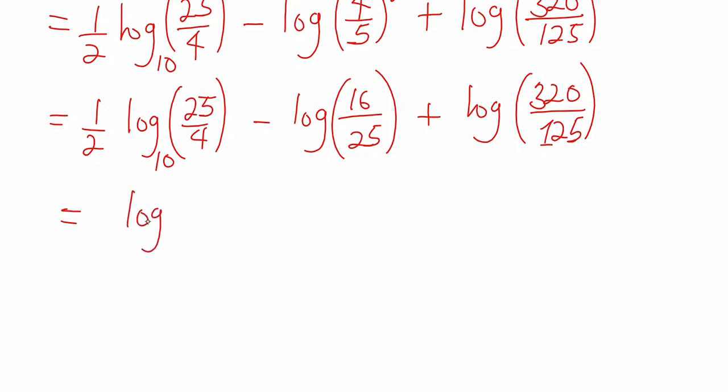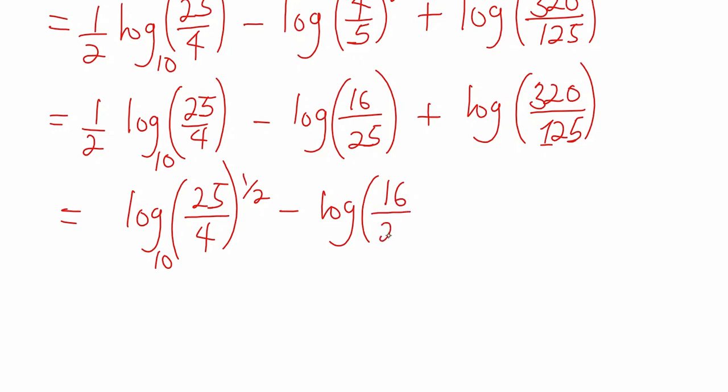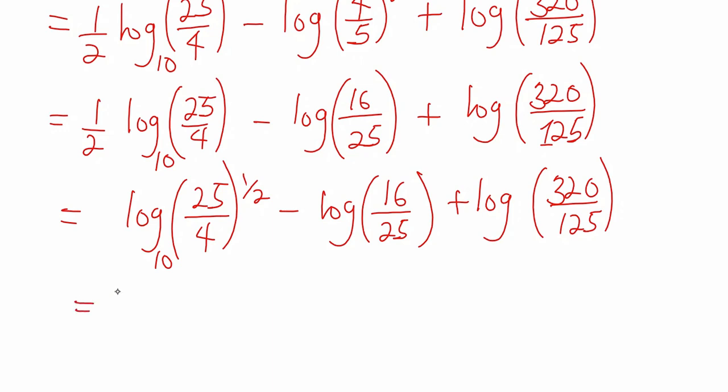So without wasting time, we should have 25 out of 4 all exponent half base 10. Actually, we should have also dealt with it alongside that of the squared. So we have minus logarithm of 16 out of 25, and we have logarithm of 320 divided by 125. Now at this point, we know that 25 exponent half is the same thing as square root of 25.